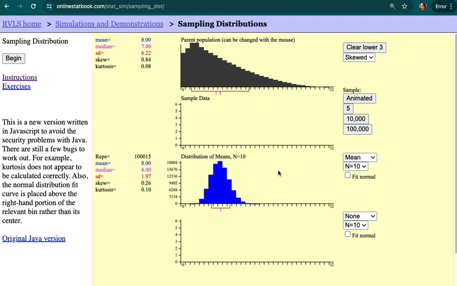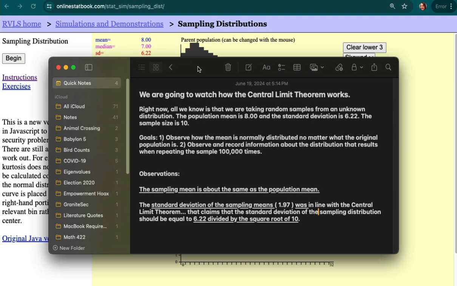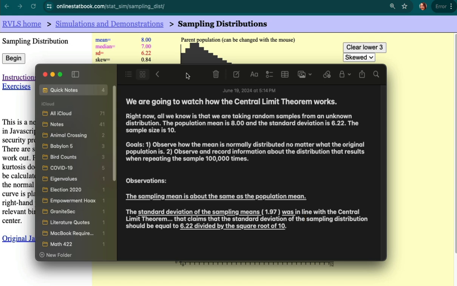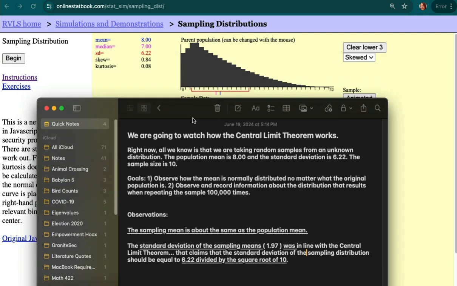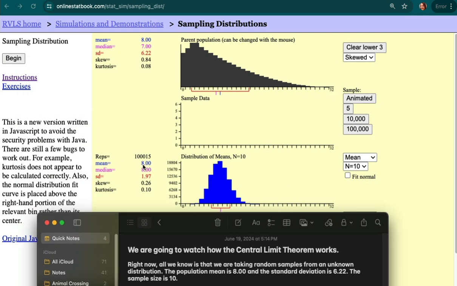It is normal. So that's what the central limit theorem is all about. The central limit theorem says that the sampling mean, which is our X bars, X bar is the same as our population mean. So X bar is 8.00, and the original population mean was also 8.00.